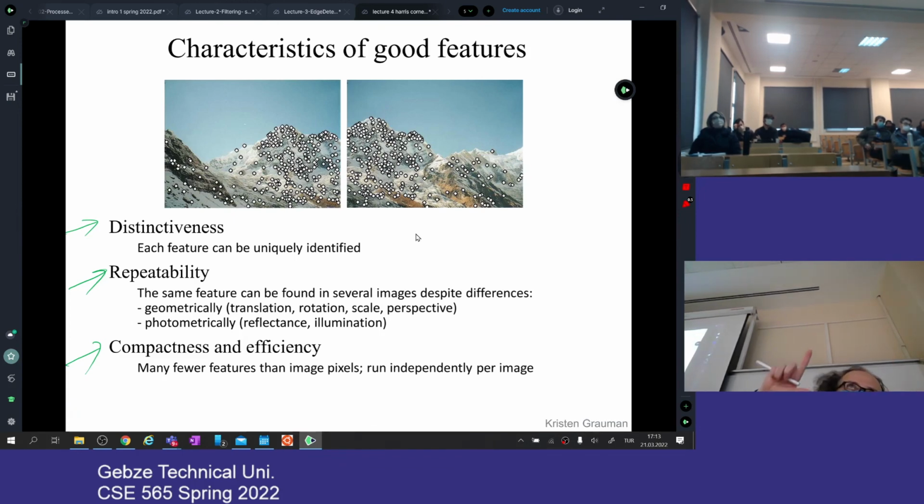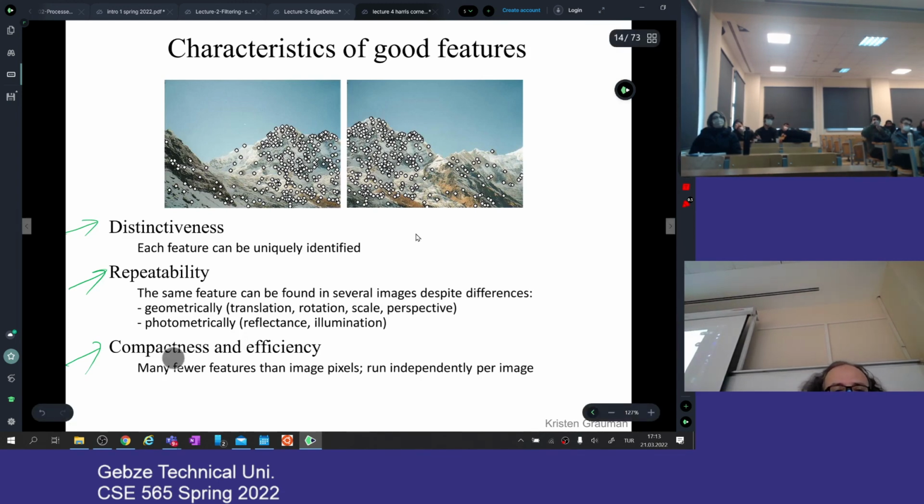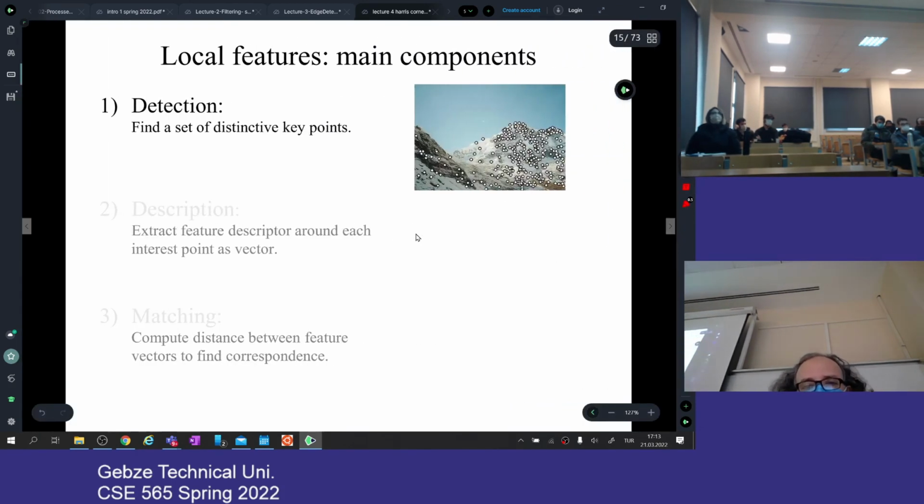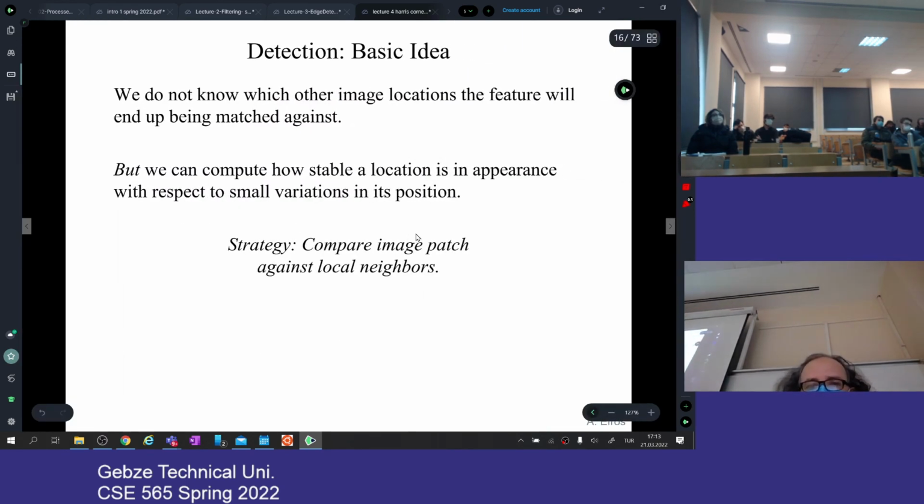It doesn't matter if the image is rotated, smaller or larger, or a little bit dimmer or brighter. Also, I am going to do this on a computer, so it should be efficient and result in compact representations. I am going to first detect those points, then describe them, then match. We will first do the detection. That's the corner detection. That's the basic idea.